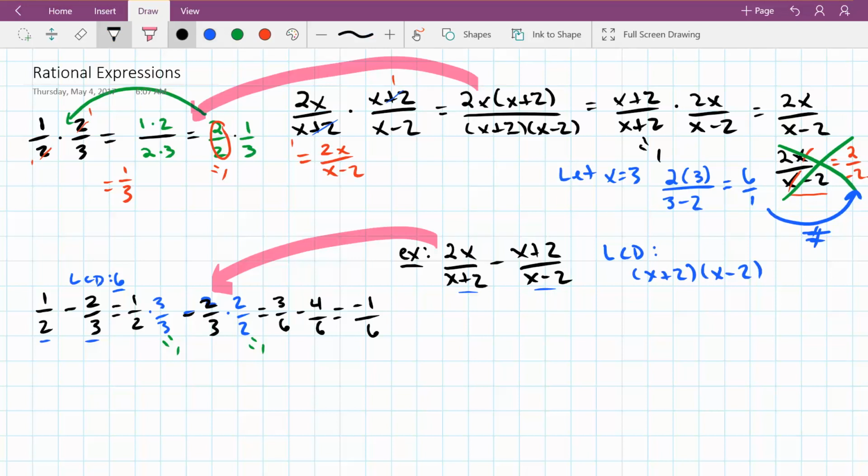Mimicking what we did before, we have 2x over x plus 2. We need to multiply by the factor that's missing, x minus 2 over x minus 2, just as we did over here with the 1/2. We had to multiply by that 3 over 3. Same idea. If you're ever unsure what to do, think of a basic fraction and see if that'll help. The next factor was missing, the x plus 2.